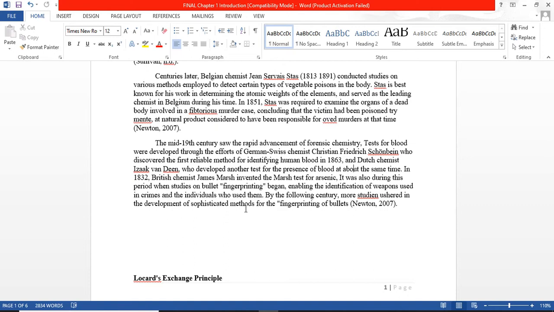So you have there bullet fingerprinting, like the source of the bullet from the manufacturer. By the following century, more sophisticated methods for fingerprinting of bullets were developed.